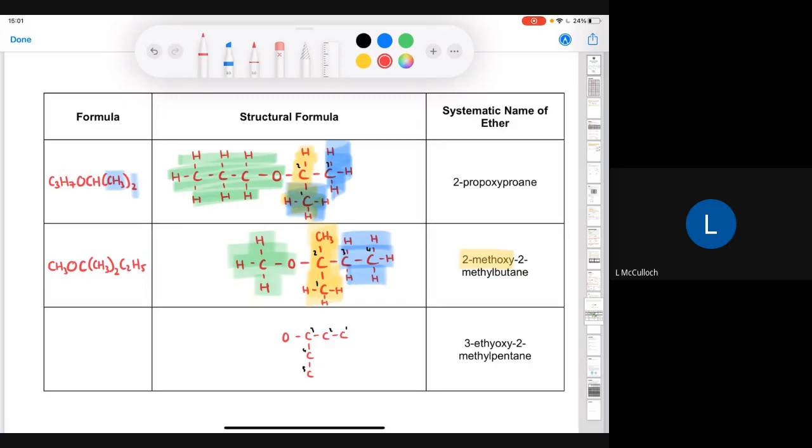And then it's 2-methylpentane, so I'm going to come to the 2nd carbon and pop a methyl branch on it like so. I'm then just going to pop all the hydrogens in, like so. And then it's 3-ethoxy. So we've already got the 3 and the oxy part dealt with because we've got the oxygen attached to the 3rd carbon, and then it's just eth. So that's just going to be 2 carbons like so.